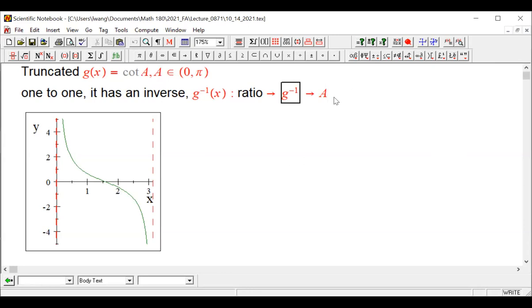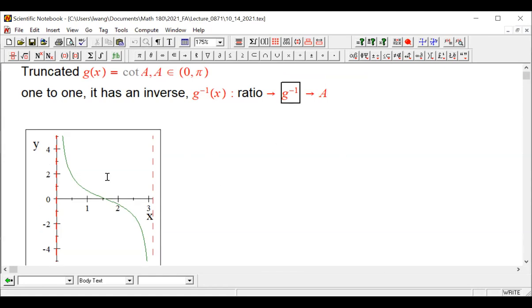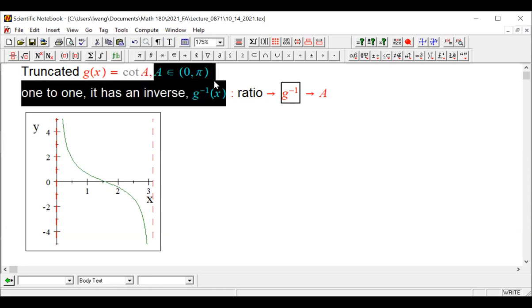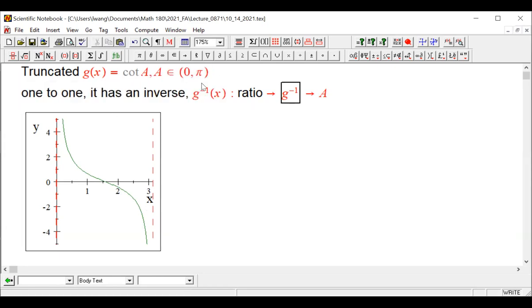Let's look at the description of these two functions. ArcCotangent, okay. Actually, I'm not sure if the software will graph it for us, but anyway, we're going to do it. So this piece has an inverse. What is the description of this piece? We have the domain specified and the range.